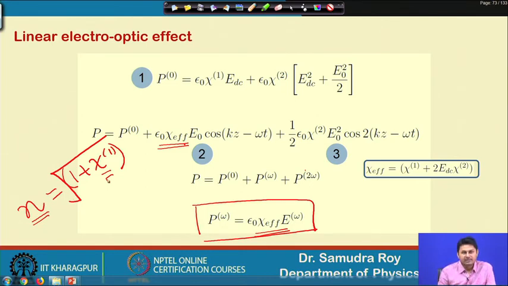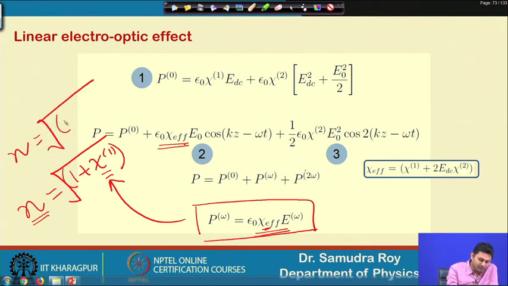After applying the DC electric field, my susceptibility term is now modified by this effective susceptibility. Since the effective susceptibility is modified, I should write my n from this equation as root over of 1 plus effective susceptibility.